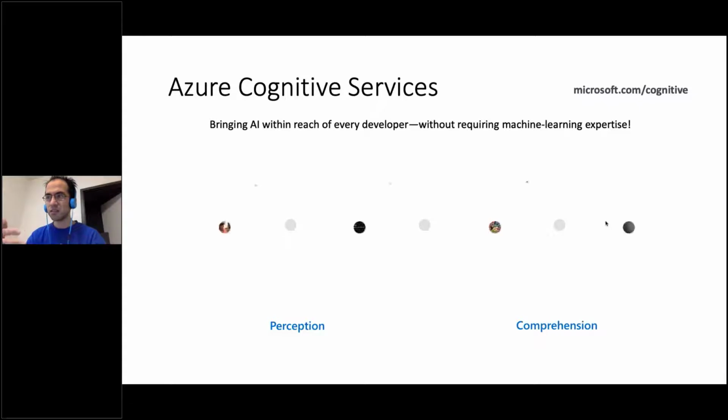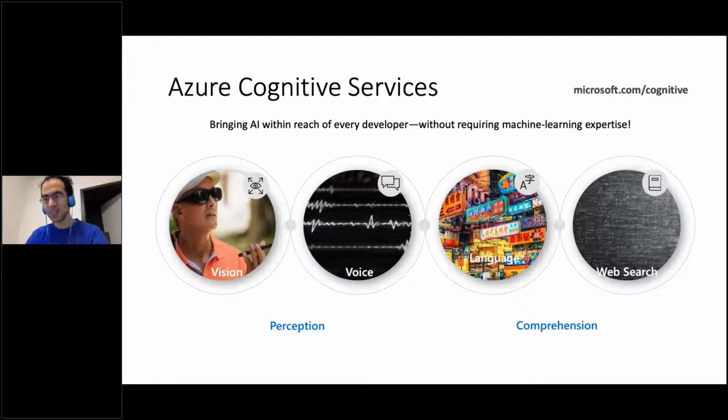When I talk about cognitive services, I merely say that the artificial intelligence problem that you might have, like, okay, I want to describe what is happening in this picture, or can you convert the speech or the voice into text?